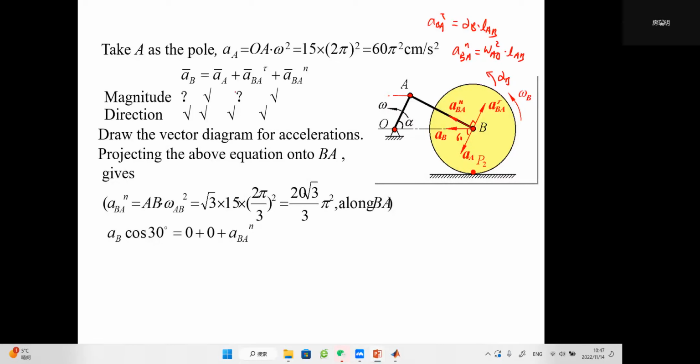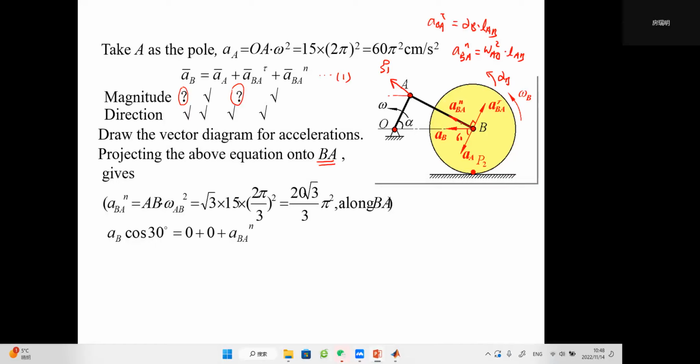So you will find from this vector equation, we just have two unknown quantities. That means this can be resolved. So we can draw the vector diagram for accelerations, projecting the above equation onto BA. Here BA means from B to A, this direction is the positive direction. So we can do this by ourselves again. You guys can look at this expression.